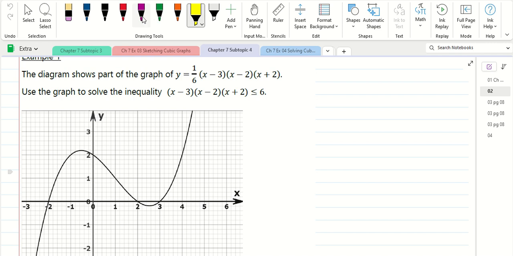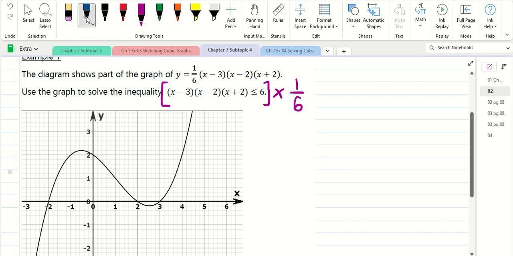At first, you compare these two; they are quite similar, but compared to the original equation of the graph, which has 1 over 6, you must multiply the whole thing by 1 over 6. So you have to do some modification in order to use the graph.